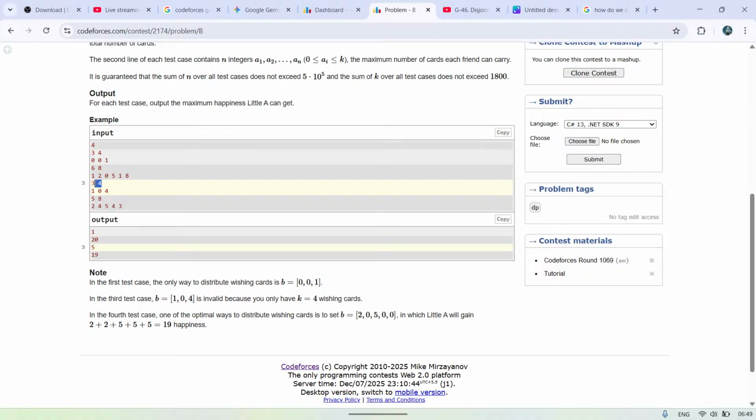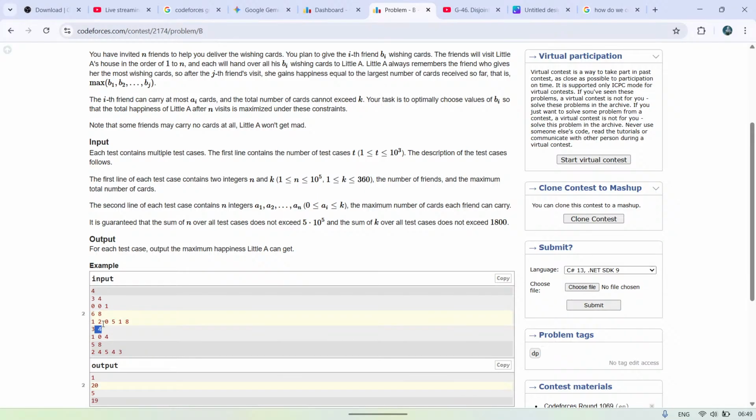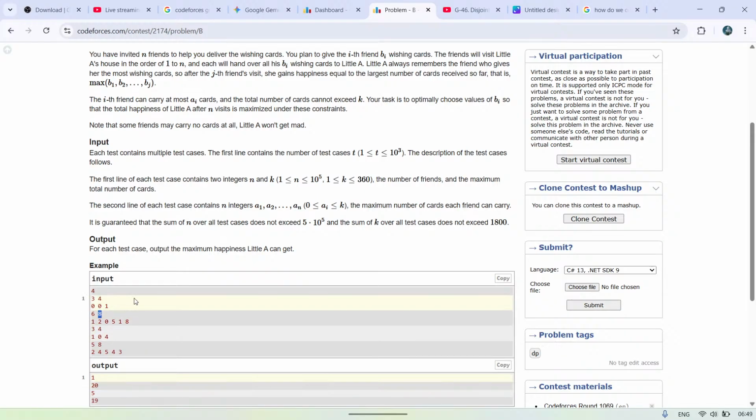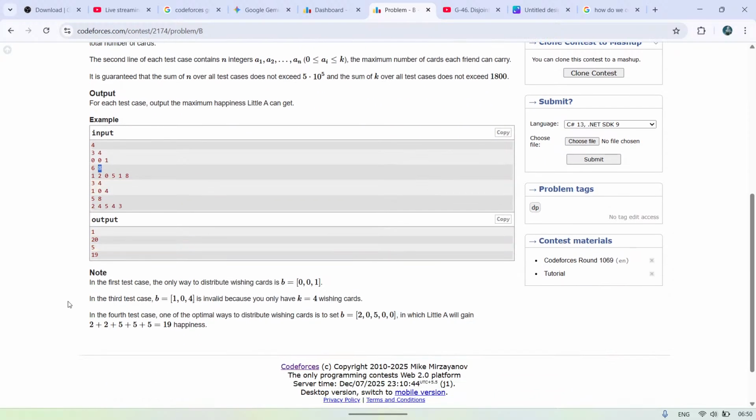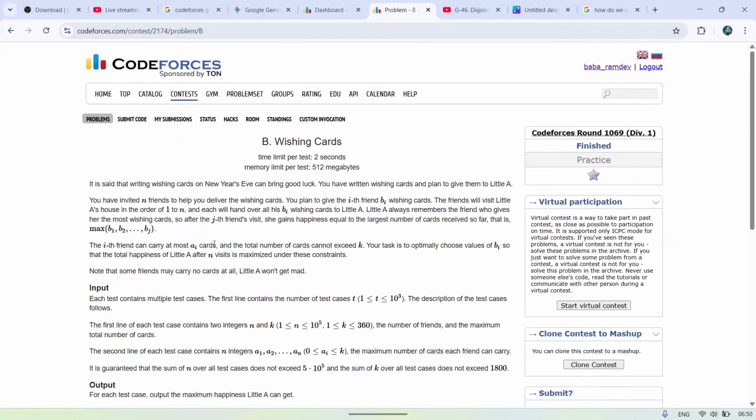I think we have misunderstood the question, because the third test case 104 is invalid since you only have equal to 4 wishing cards.